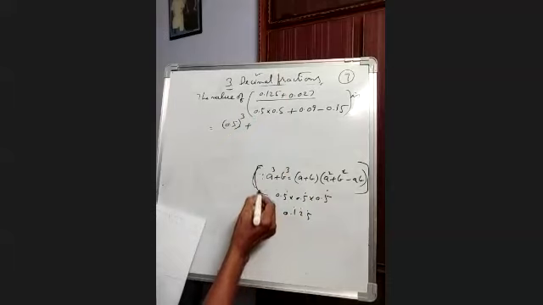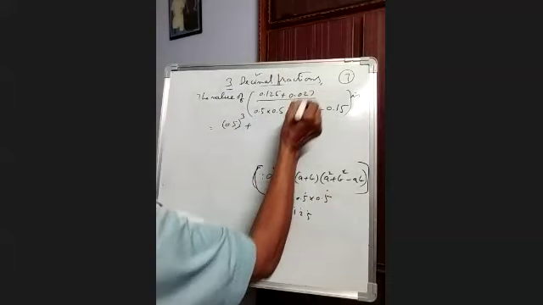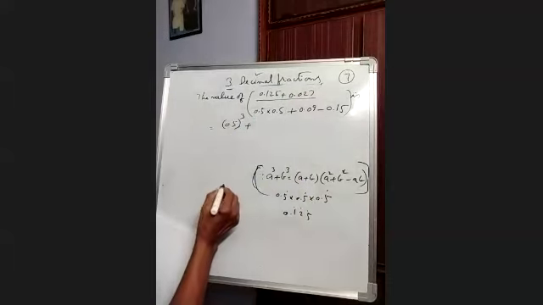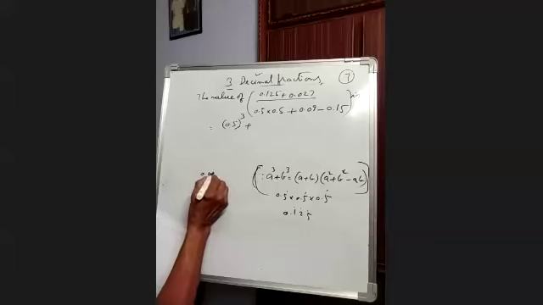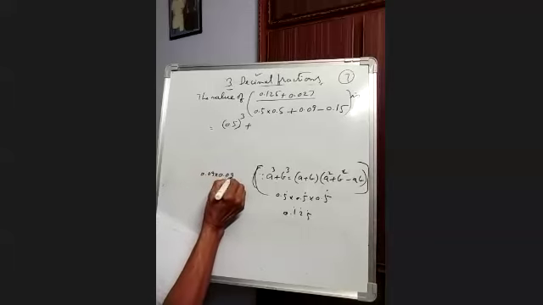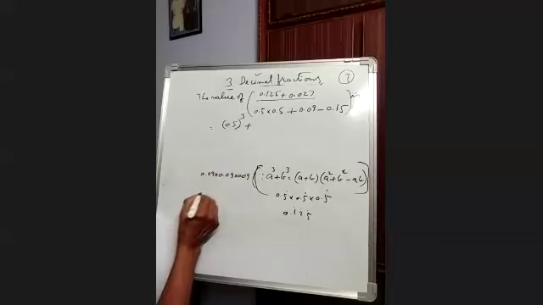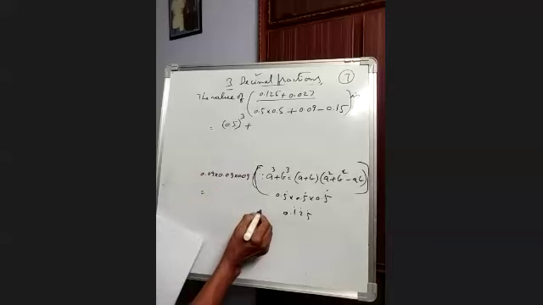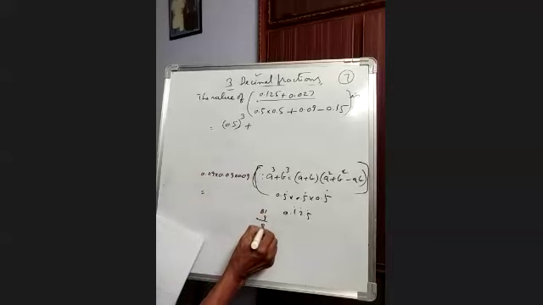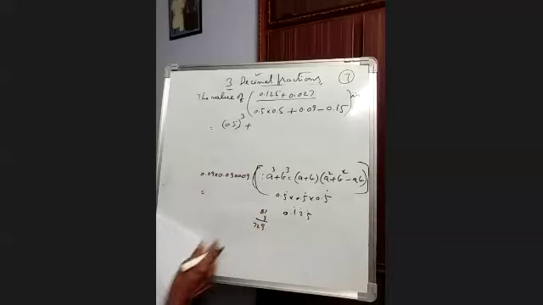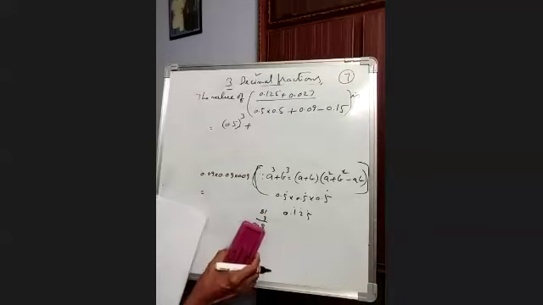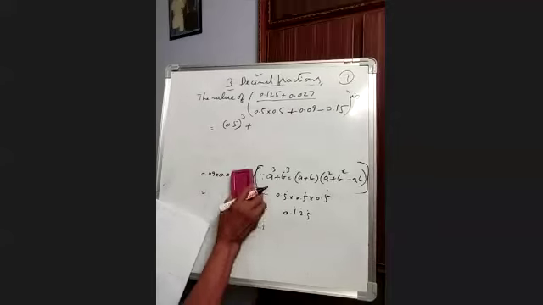Similarly, 0.027 will be the cube of 0.3.